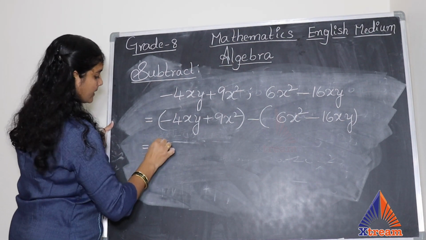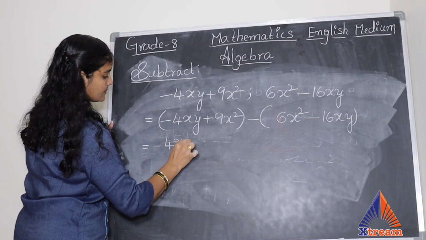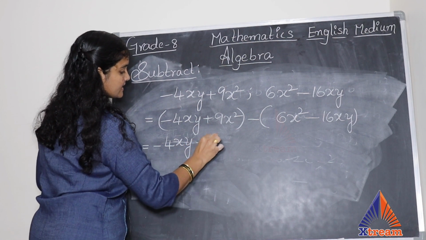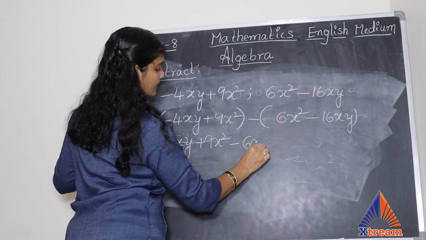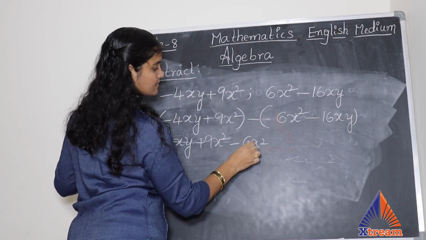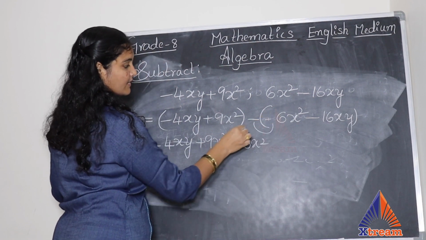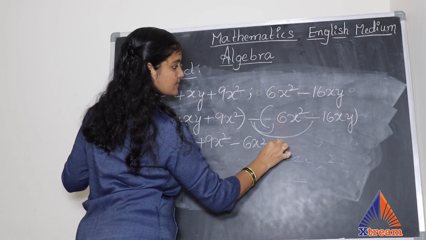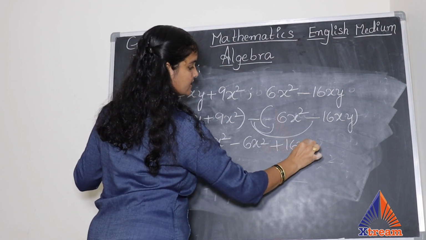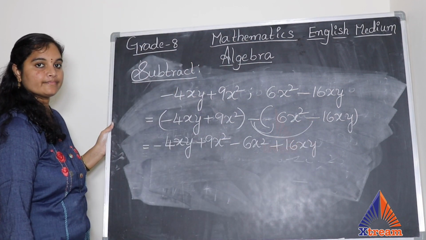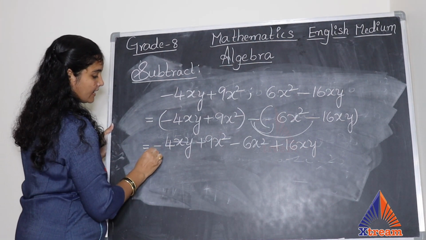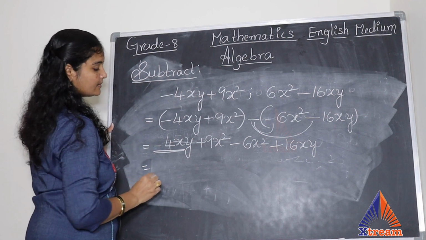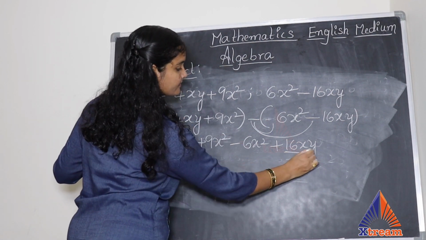Now bringing them out of the bracket, minus 4xy plus 9x square minus 6x square. Here nothing is there, that means it is plus. So minus of plus gives us minus and minus of minus gives us plus 16xy. Okay. Minus 4xy, this is the xy term. Where do you have an xy term? Here.